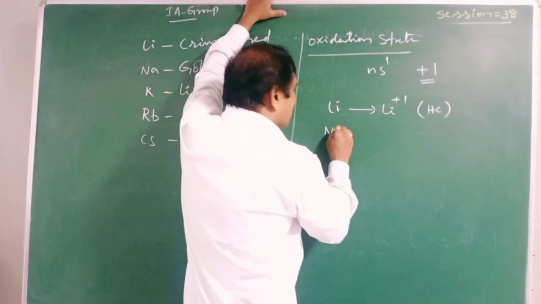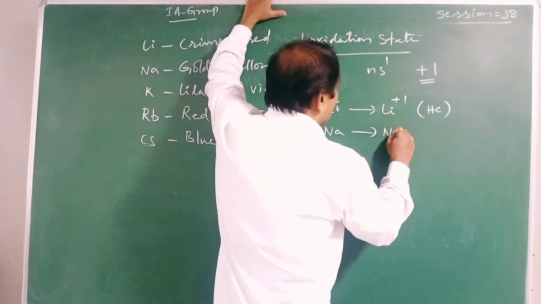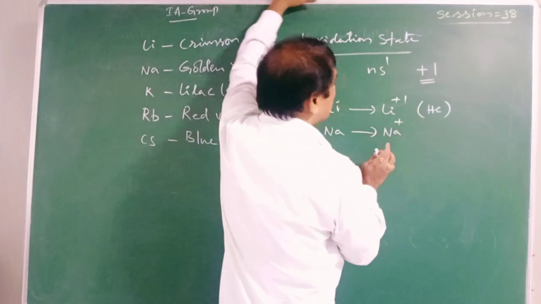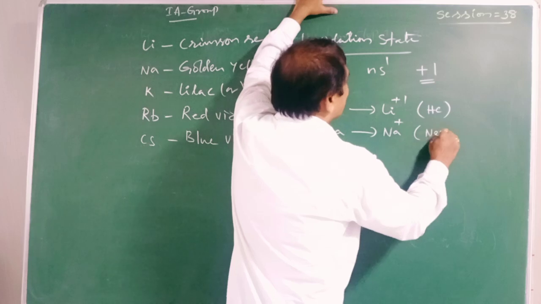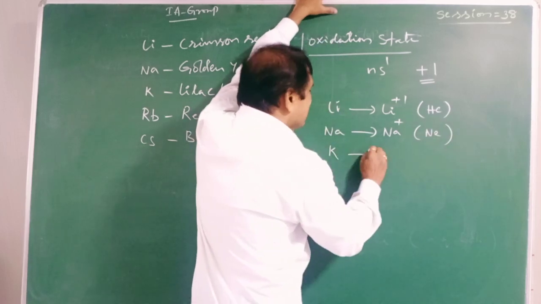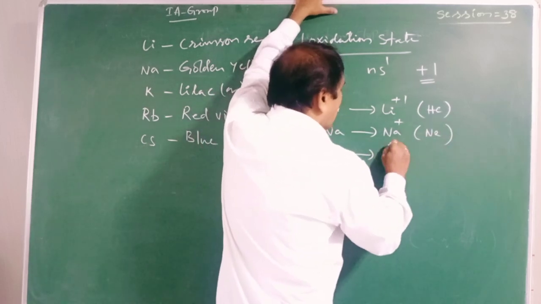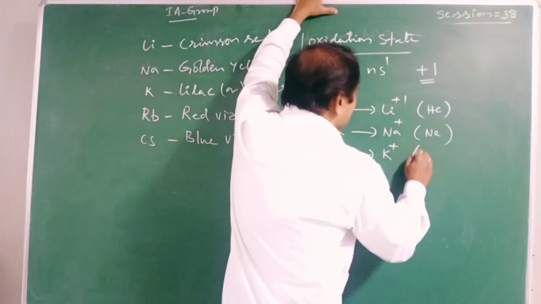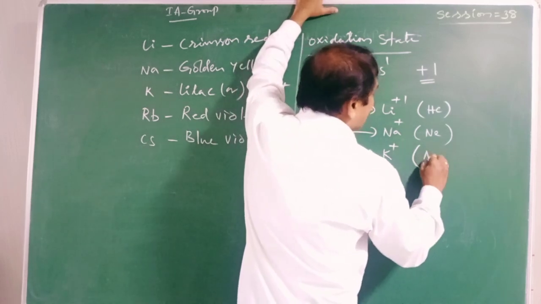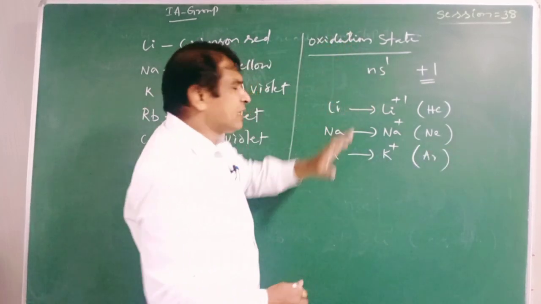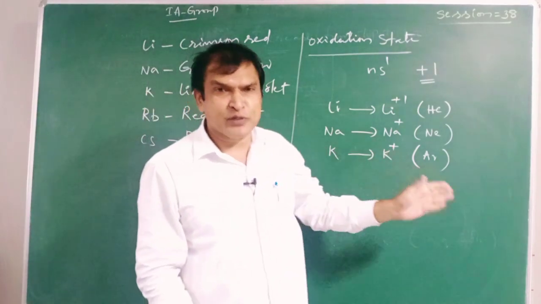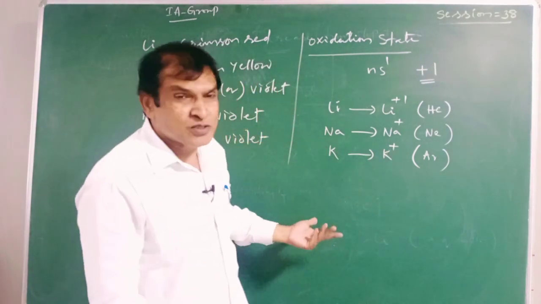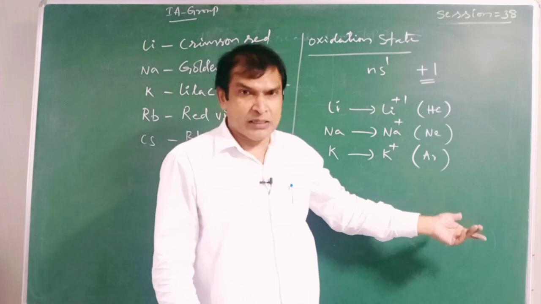Sodium loses one electron from its valency shell to form the sodium ion, acquiring the stability of neon. Similarly, potassium forms potassium +1 and acquires the stability of argon, rubidium acquires the stability of krypton, and cesium acquires the stability of xenon.